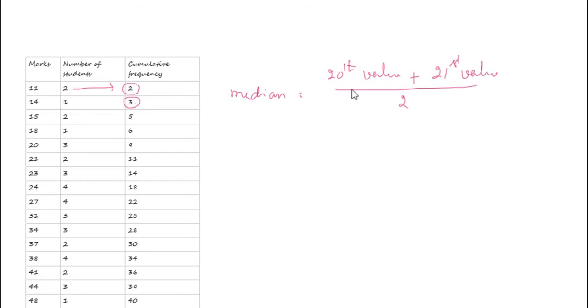The 20th value is more than 18, so it is part of this group, and the 21st value also, because this is up to 22. So both these values are 27. So it is 27 plus 27 divided by 2, equal to 27. Median is 27. This is a little simpler because earlier we had 40 items. Here there are 16 rows.